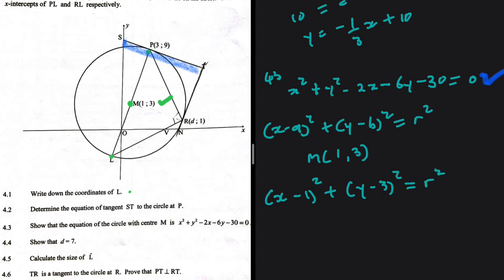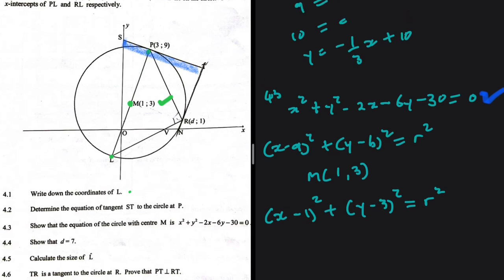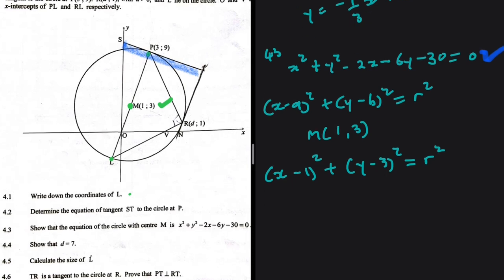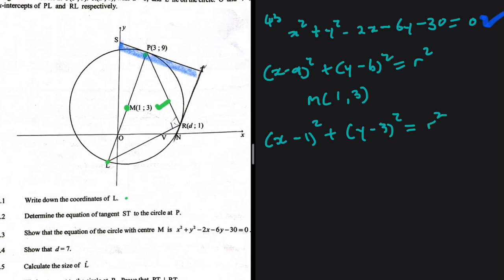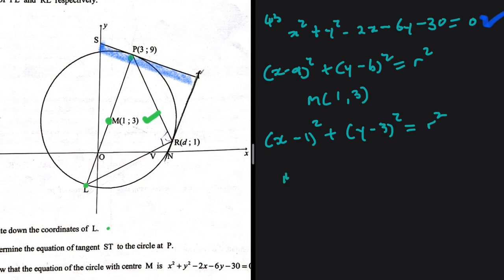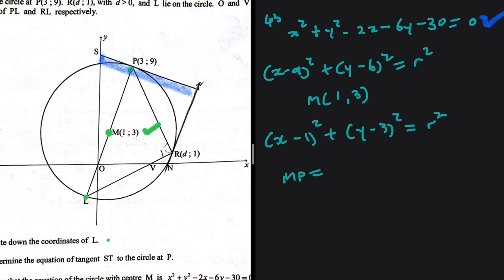Do we have the radius? We don't have the radius at this point, but obviously we can find it. Let me just say r squared for now. Let me find the radius. We can use MP because MP is the radius.